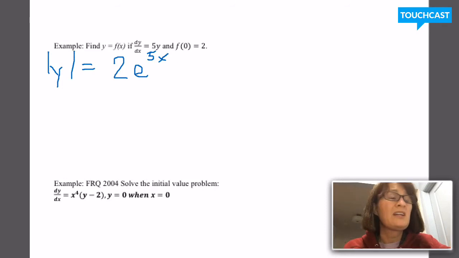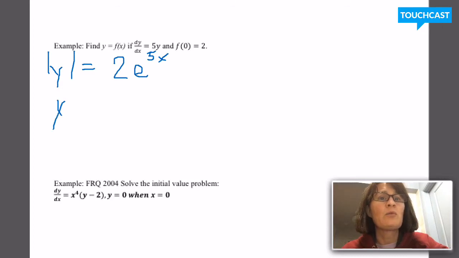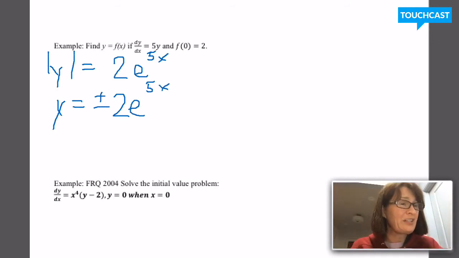So we're super close here. I have the absolute value of y is equal to 2 times e to the 5x. So to get y by itself, I just have to check here, positive or negative 2e to the 5x. We have that similar problem we ran into before, which is now that I've put a plus or minus sign in front of the right-hand side of my equation, it's not a function anymore. So I have to actually make a commitment to whether I want to use the plus sign or the minus sign.